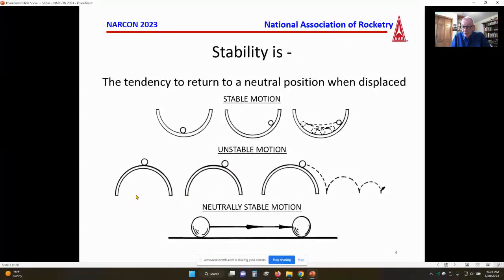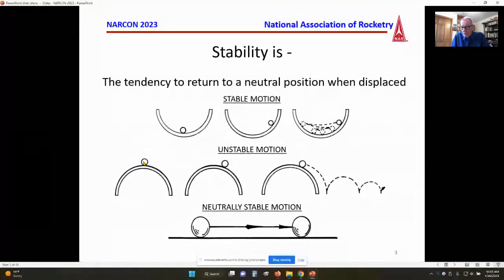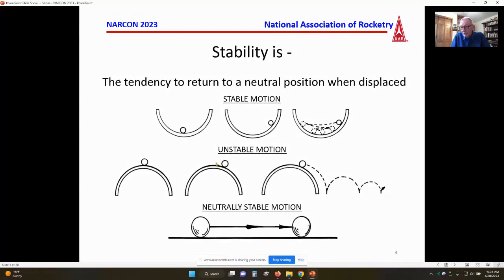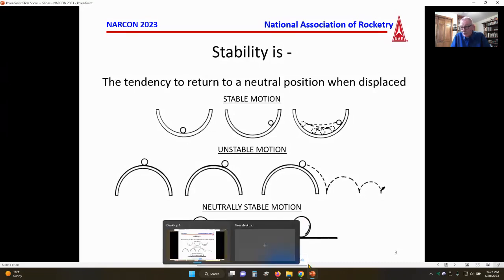On the other hand, if you invert the bowl and put the ball on top of that inverted bowl, it's in an unstable condition because when you move it off the center, it will roll off and bounce away. Once it settles down on a flat surface, though, it will be what's called neutrally stable because you move it a ways, and as long as it's perfectly flat, it'll just stay in the new position. That is neutrally stable.